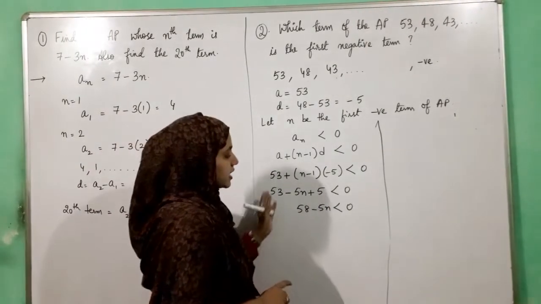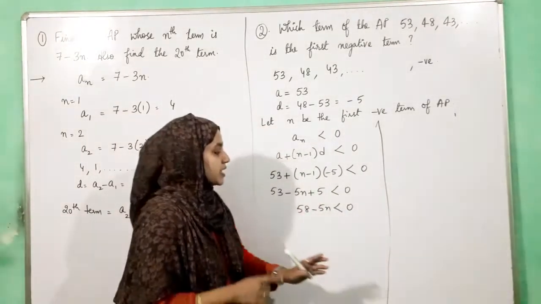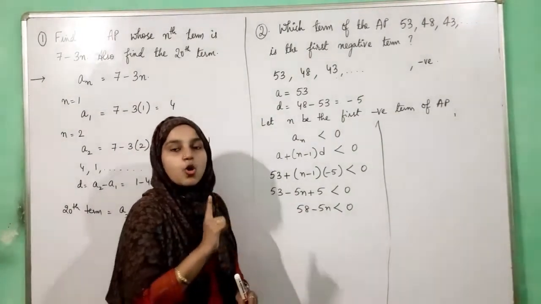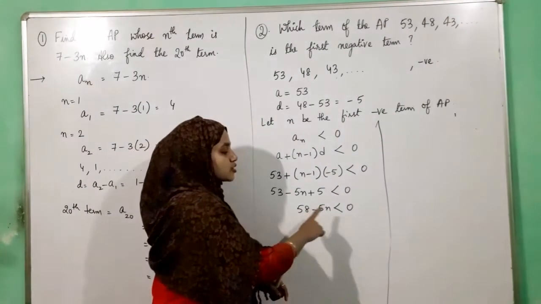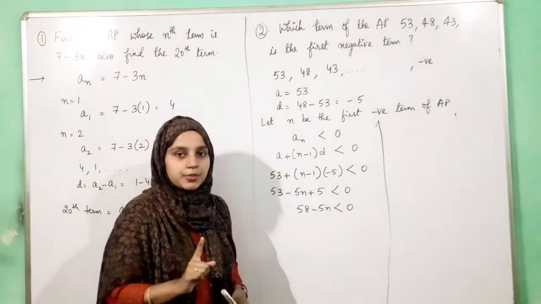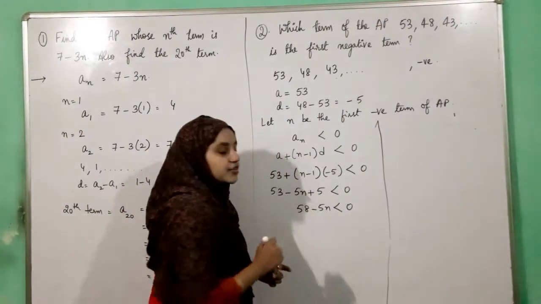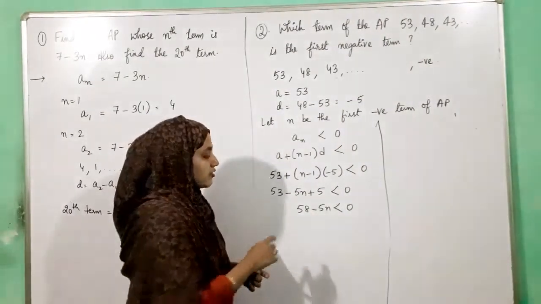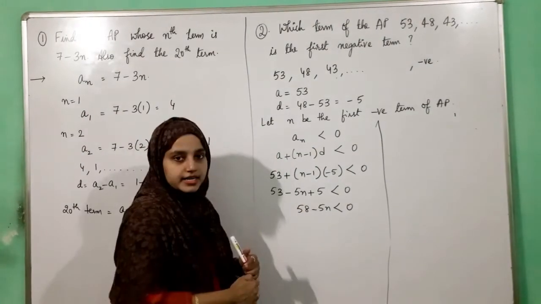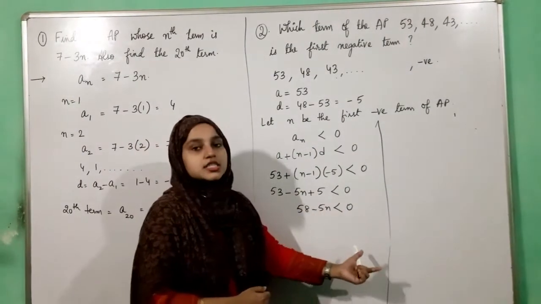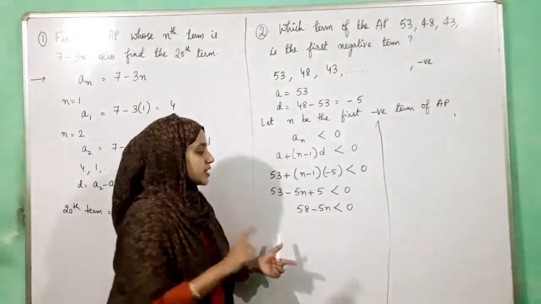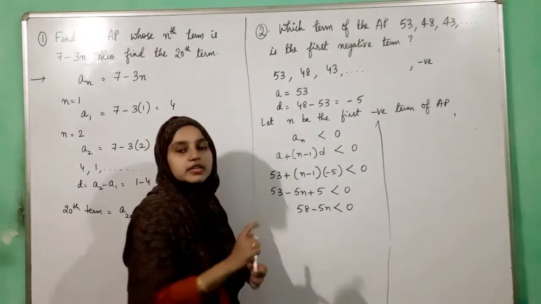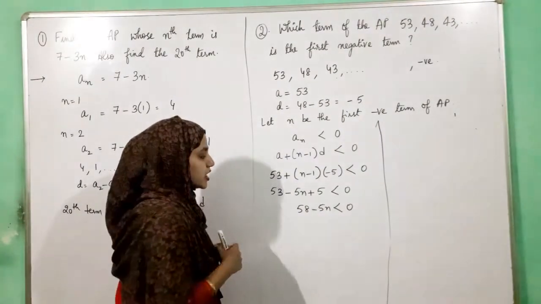And if I am multiplying, again I have to multiply the same thing. But if I am multiplying or dividing the LHS and RHS with a negative number, then the sign of the inequality will get reversed.